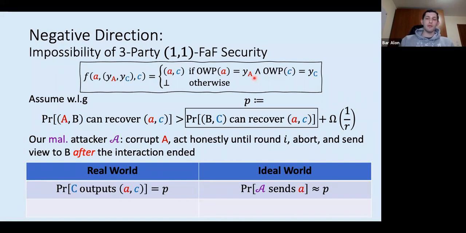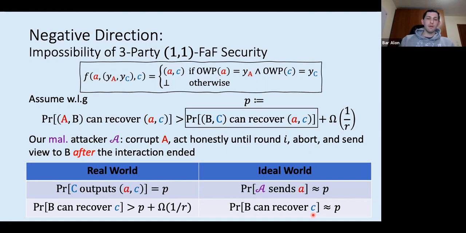So A must keep its input with probability roughly P. But if it sends its input with probability roughly P, then that means that B can recover the output with probability only roughly P, because the only way for B to recover the output C is if A sends its input. That's why we use this one-way permutation.